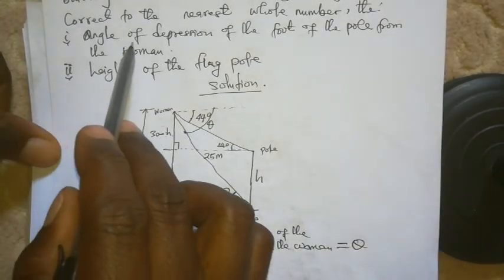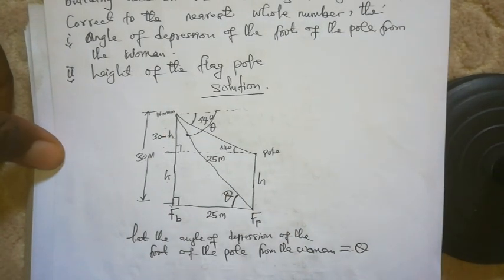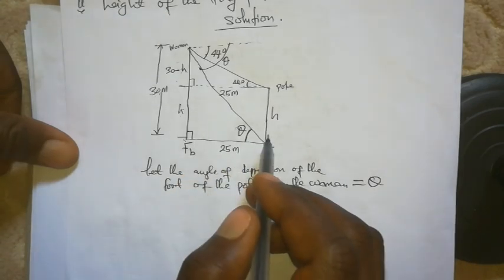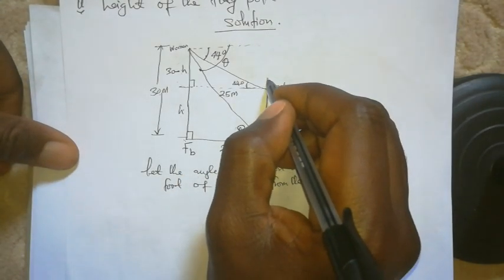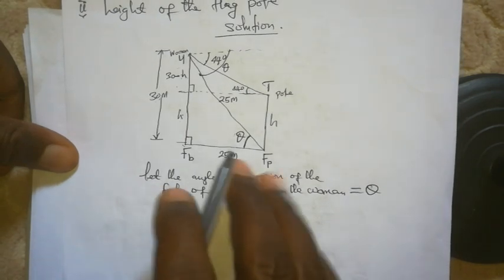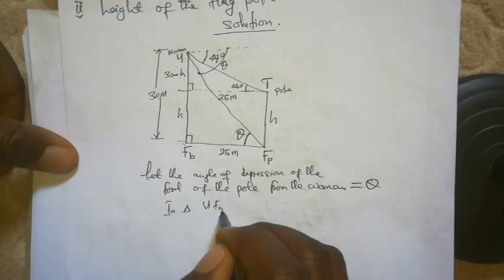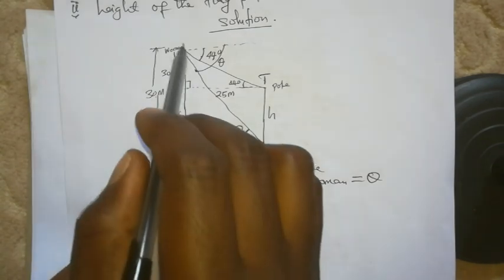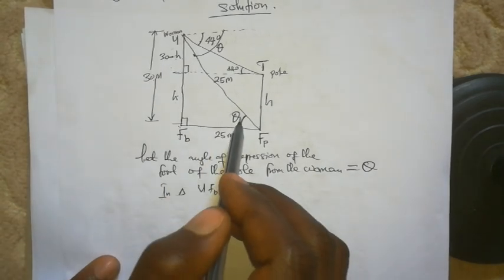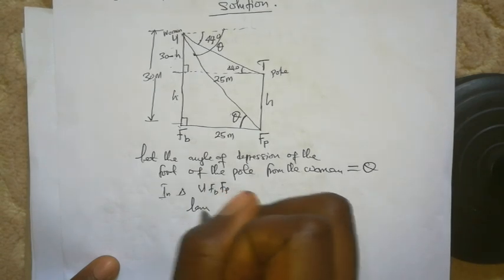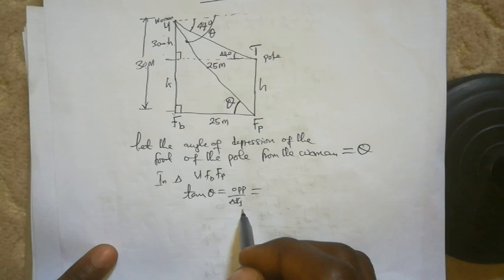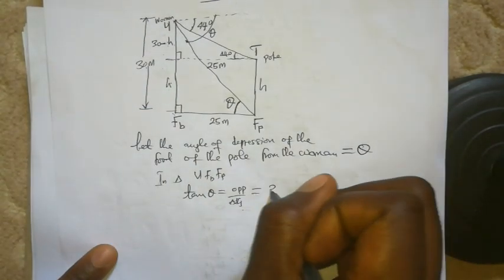We are asked to find the angle of depression. So using trigonometric ratios, let me call this T, and let me call this U. In triangle U FB FP, because we are trying to get this angle theta, this is a right angle triangle, so tan theta is opposite over adjacent, which is 30 over 25.